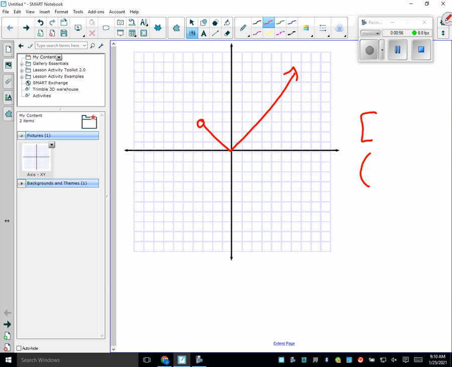So when I look at my domain, what is the smallest? We always do smallest to largest. Always. What is the smallest x? But it's an open circle, so negative 3 is not included, is it?